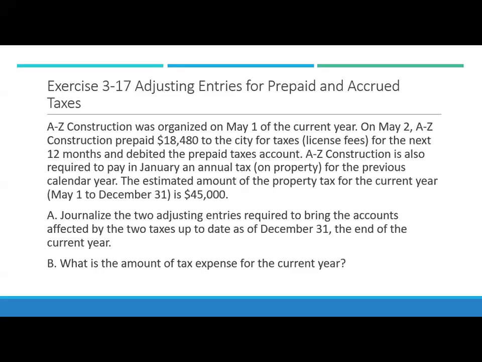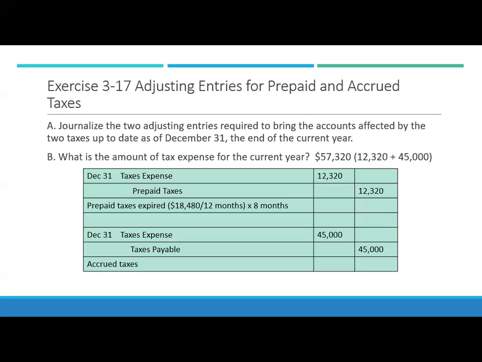So for the $18,480, they paid on May 1st in taxes for 12 months. But between May and December 31st is 8 months.